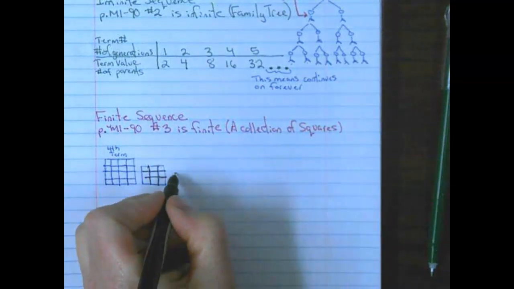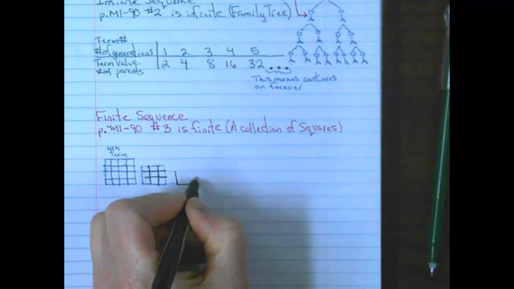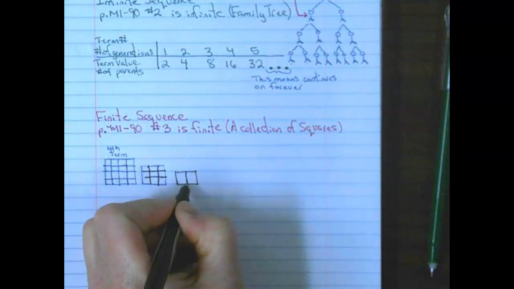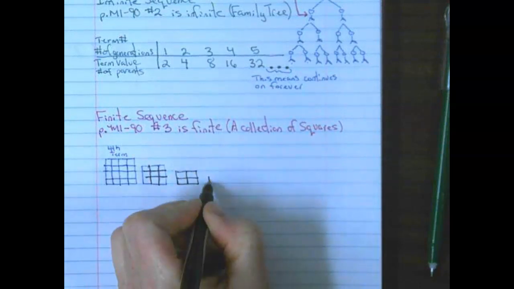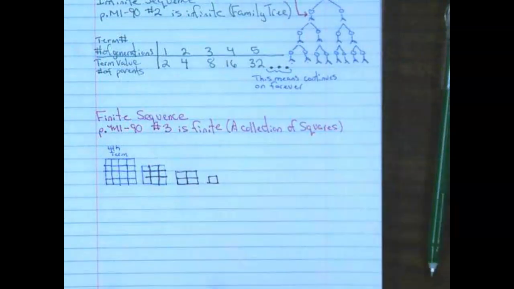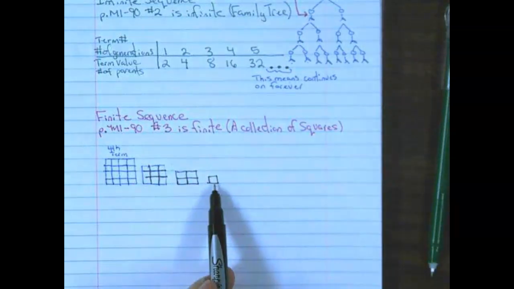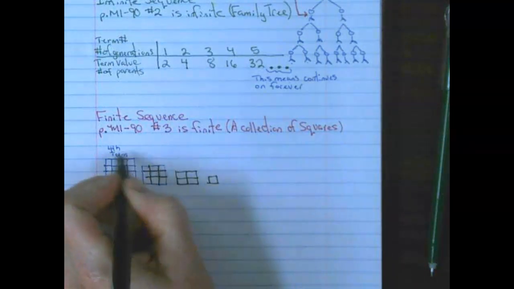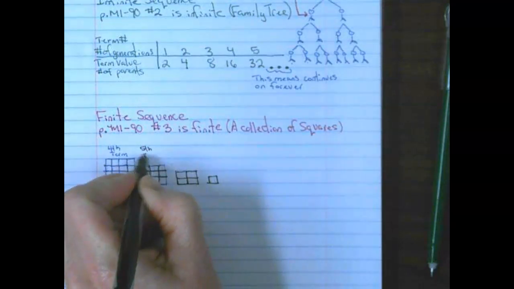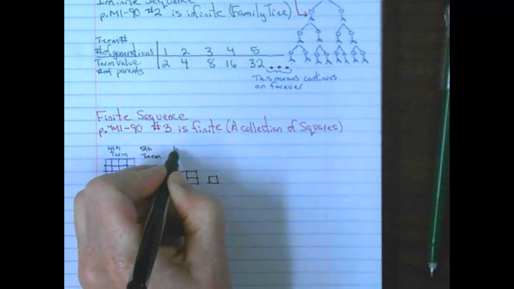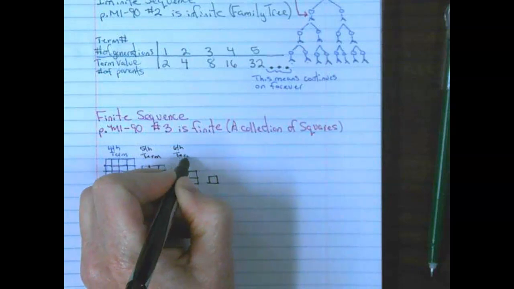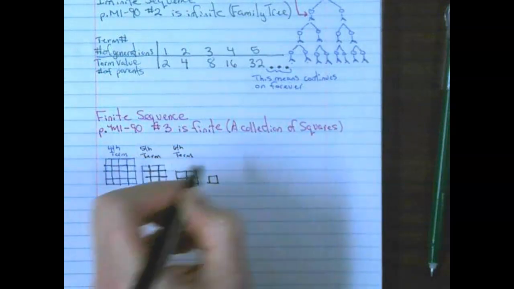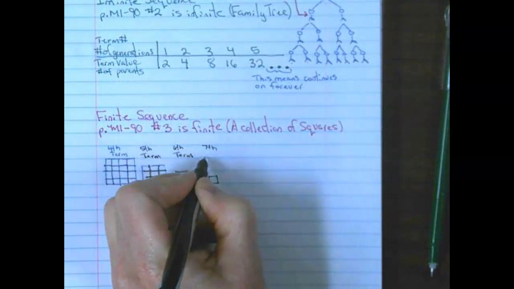And then I'm going to do another one that has, it's a 2 by 2, 4 squares, and our last one is just 1 square all by itself. So I can see I can't get any less than 1 square. That's what makes it finite. So this is the 5th term. This is the 6th term. And this was the 7th term. You can see that in the textbook.